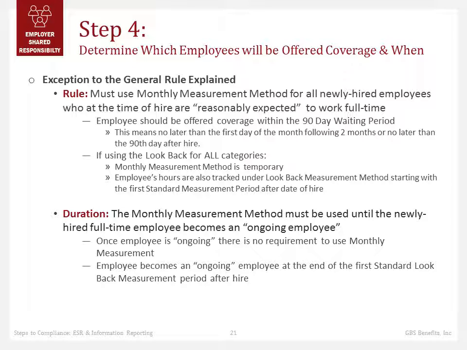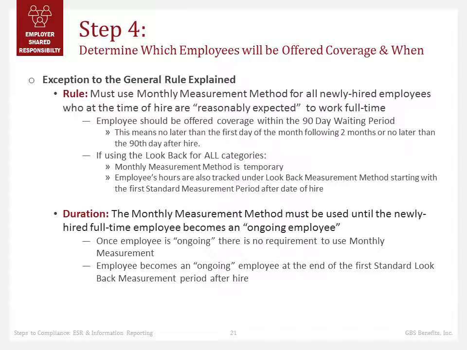Now, an employee becomes an ongoing employee at the end of the first standard look-back measurement method after hire. Now, for some of you who are new to this standard look-back or any of these measurement methods, that might not make any sense to you, and we will cover it again. But for those of you who know a little bit more, understand that an employee becomes an ongoing employee at the end of your first standard look-back measurement period after you hire this new individual.